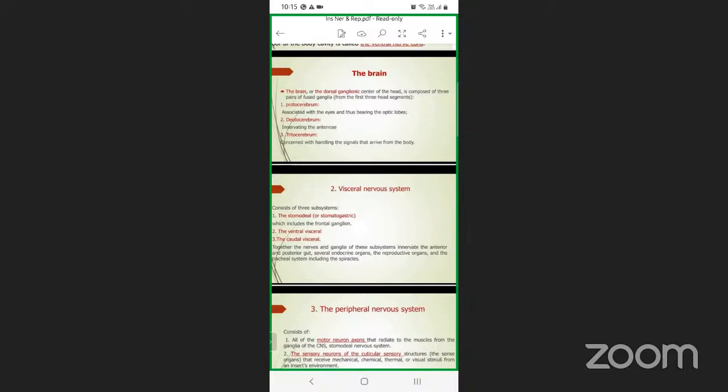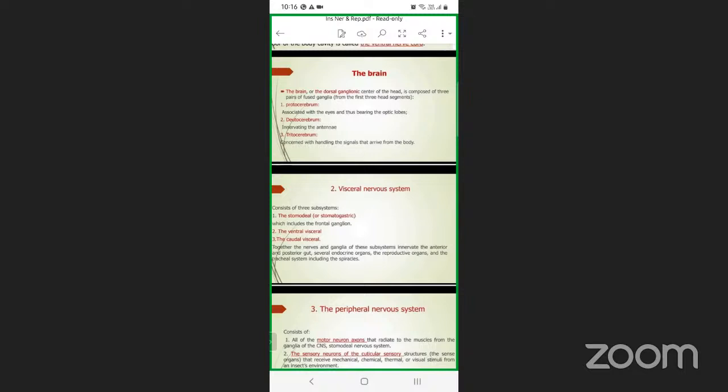The protocerebrum is associated with the eyes and thus bears the optic lobes. Innervating the antenna, we find the deuterocerebrum. And concerned with handling the signals that arrive from the body, we see the tritocerebrum.